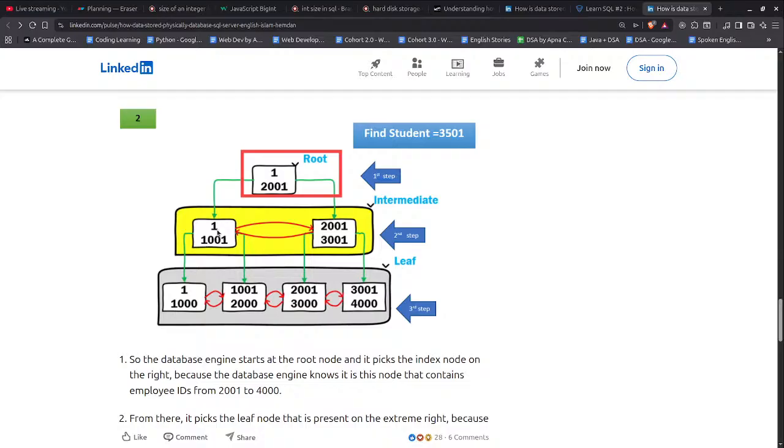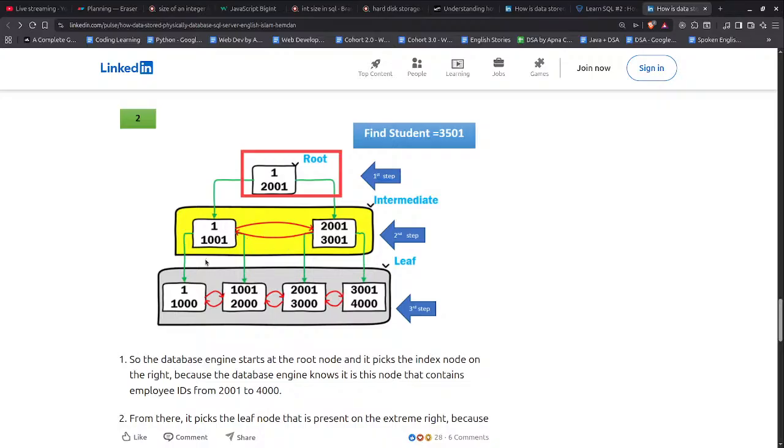Now once we get the range, from 1 to 1001 we have the data here. It's pretty simple. Initially we had the data from 1 to 2001 on the root. Now on the left side I got the range from 1 to 1001, and on the right side 2001 to 3001, and the middle one has the range between 1001 to 2001.